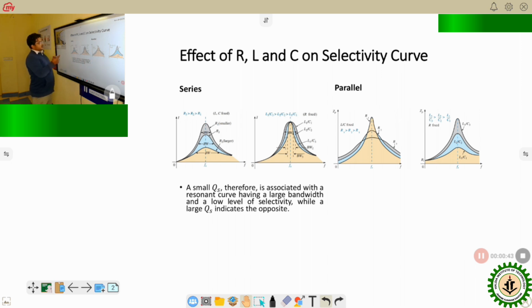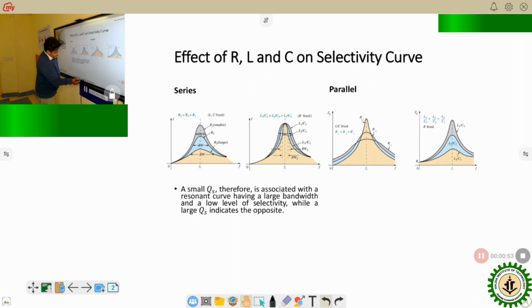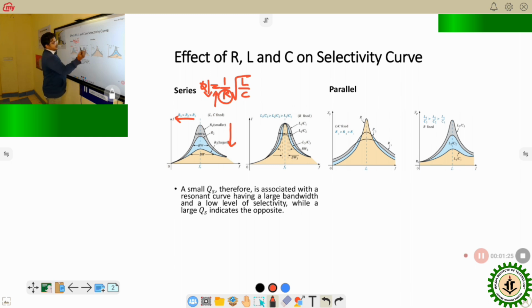As we can see, with the increase in the value of R, the bandwidth increases. Also, remember the quality factor formula, 1 by R root over L by C, for the series circuit. As the resistance value increases, the quality factor reduces, and that is opposite for the parallel resonant circuit.